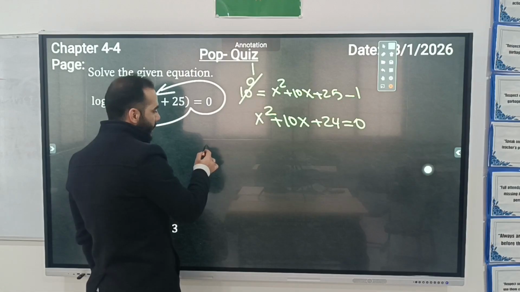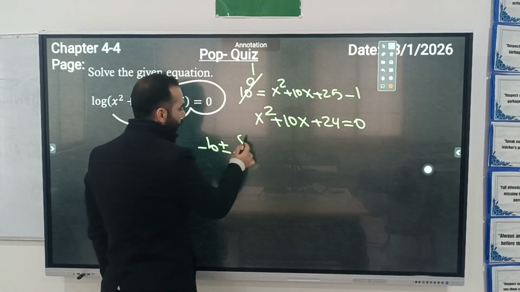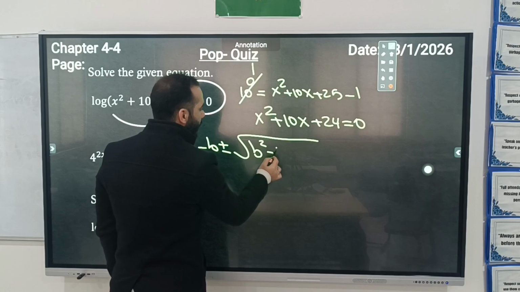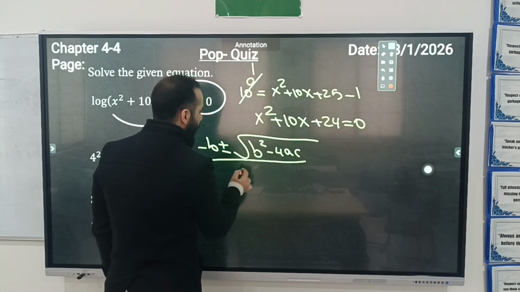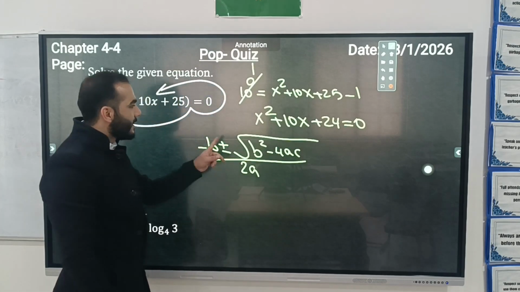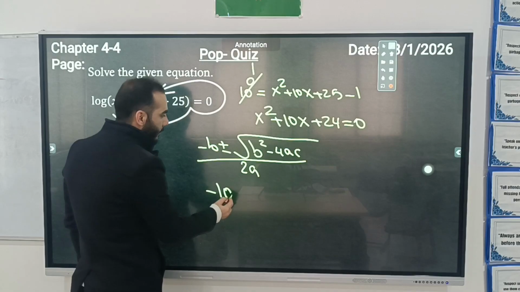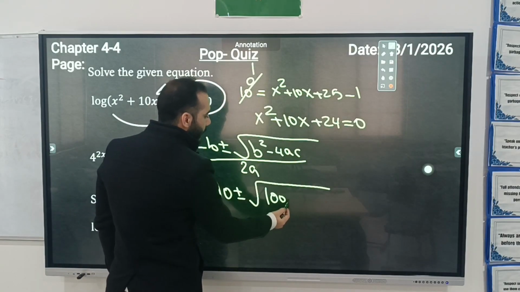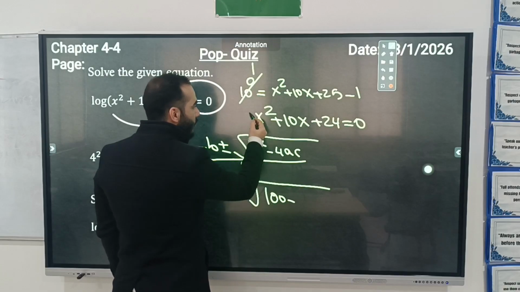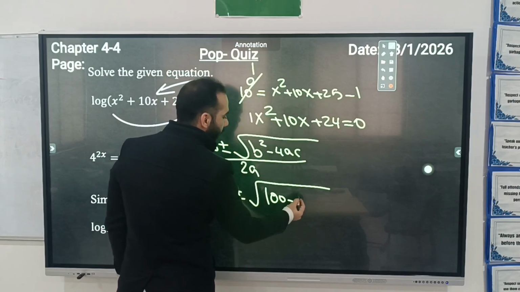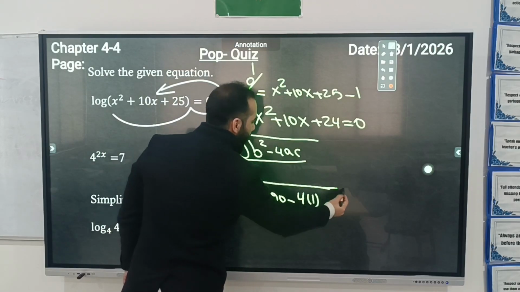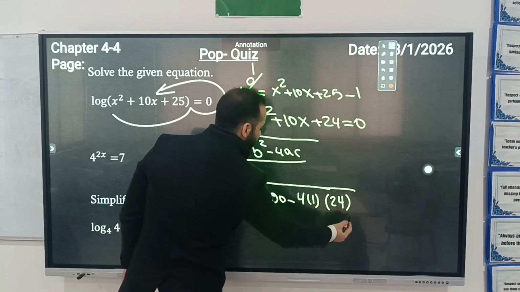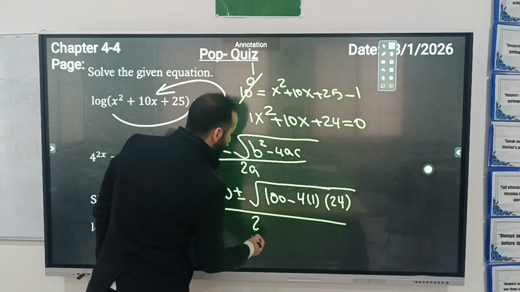We can use the quadratic formula, -b plus minus square root of b squared minus 4ac, over 2a. So -b is -10, plus minus square root of b squared, which is 100, minus 4 times 1 times 24, over 2 times 1.